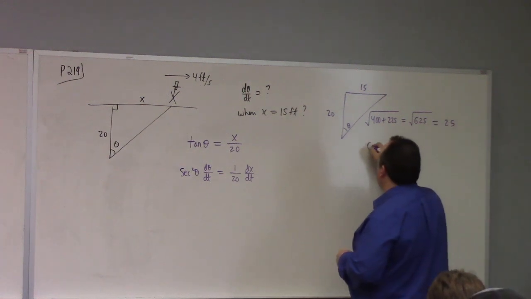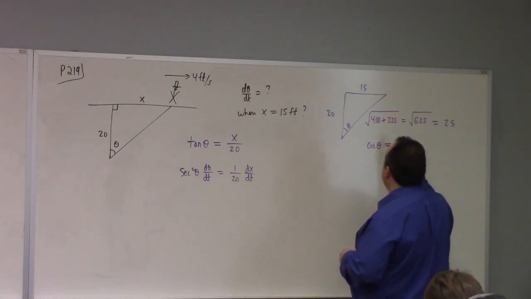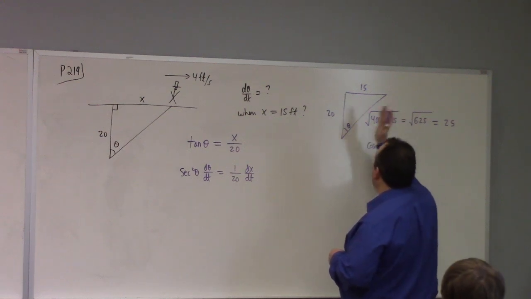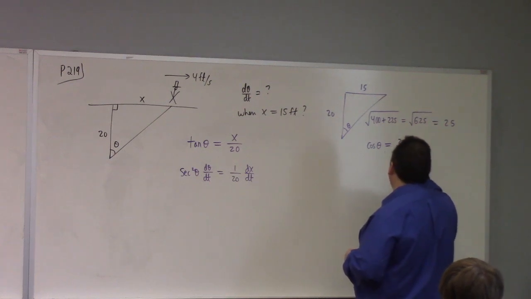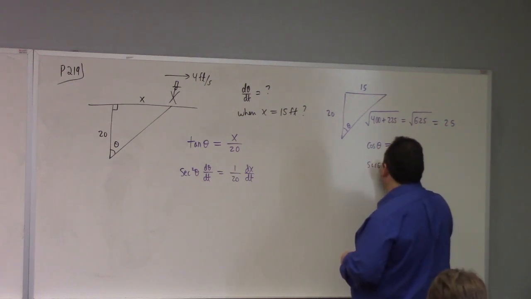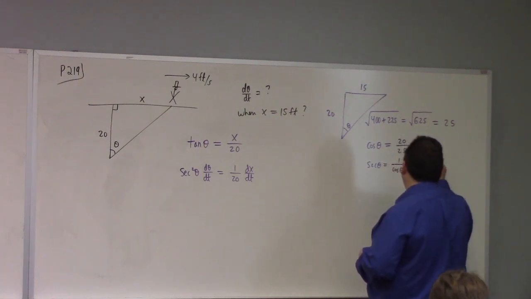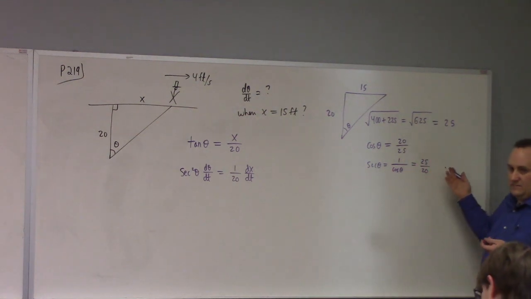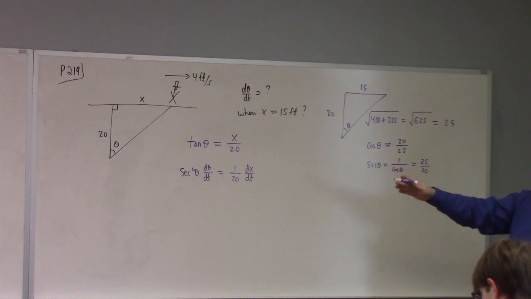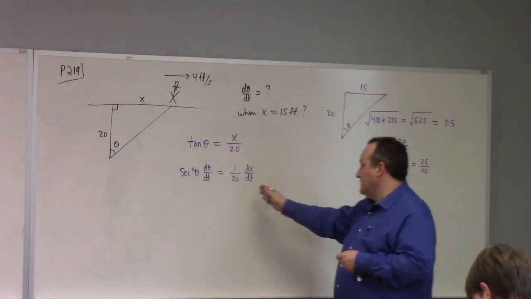And so that tells me that cosine of theta is adjacent over hypotenuse, so 20 over 25, which means that secant theta, which is 1 over cosine theta, is 25 over 20. So you could use that at the specific time you're interested in to figure out what d theta dt is.